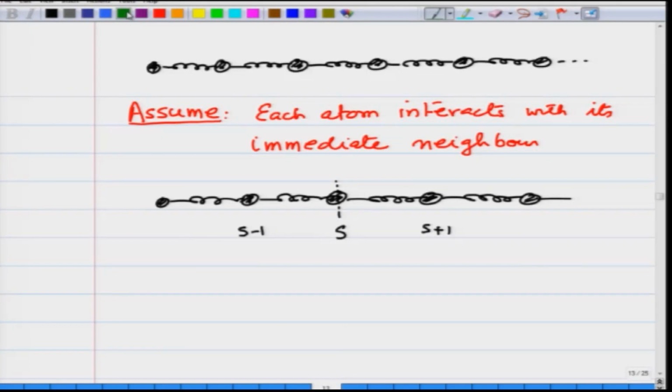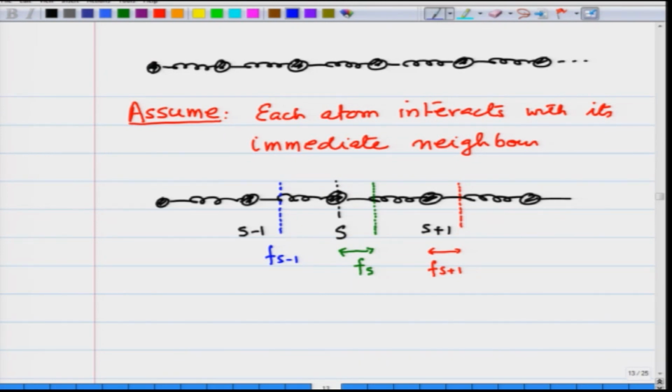Now let this atom be displaced by a distance Fs. So, it has a new position Fs. Let the next one be displaced by Fs plus 1, and let the previous one be displaced by Fs minus 1, so that the distances between these atoms change.